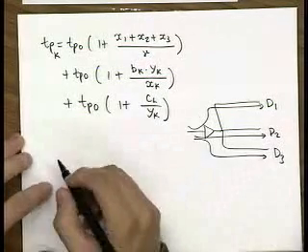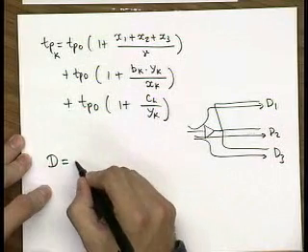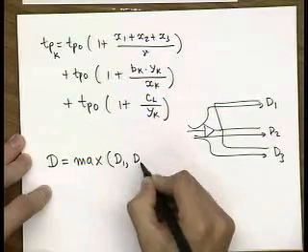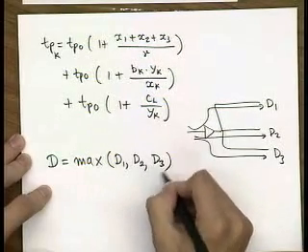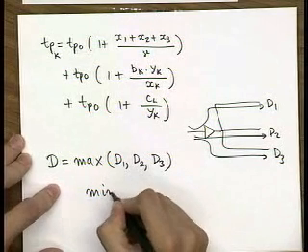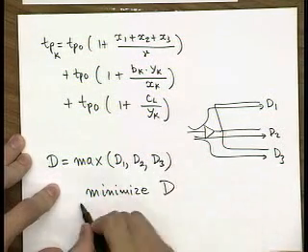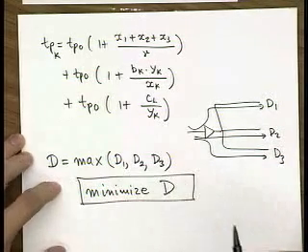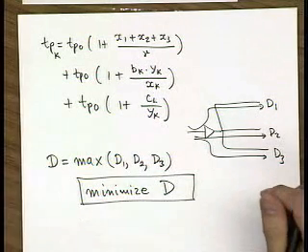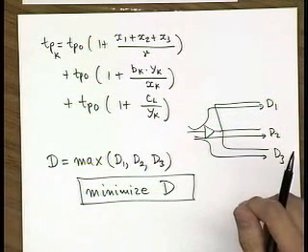What you can do now is say, well, my worst case delay is equal to the max of D1, D2, and D3. And what you need to do is minimize this D. That's the goal. Later today I'm also going to post some hints on how to do this mathematically.